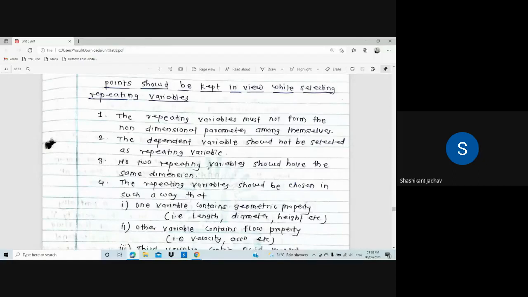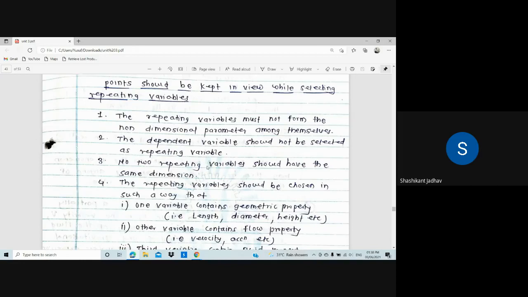Okay, so write down the repeating variables points. Write down the first point: the repeating variables must not form the non-dimensional parameter among themselves.